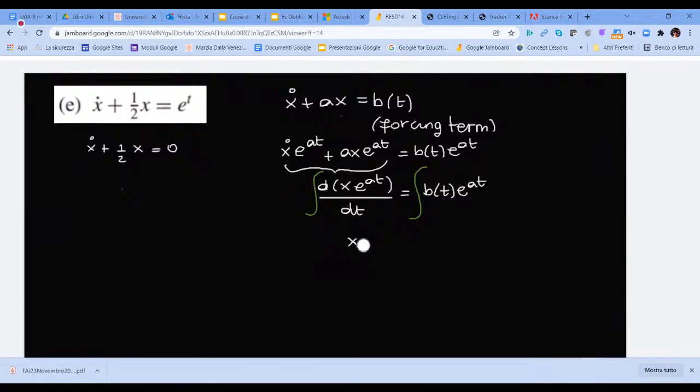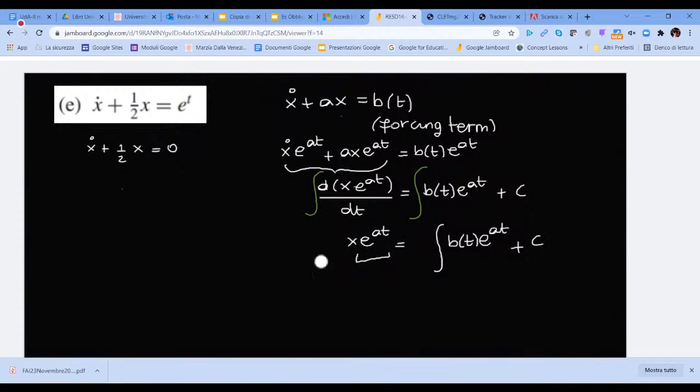So that means x, because we have the constant, equals the integral of b plus c.